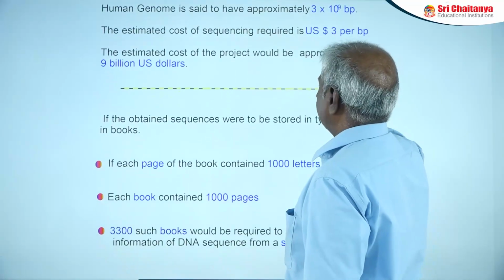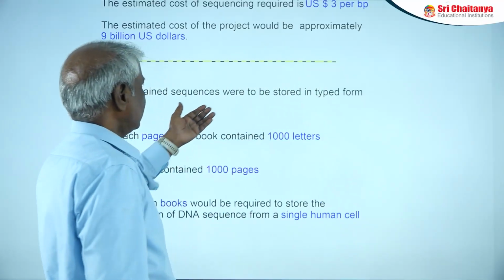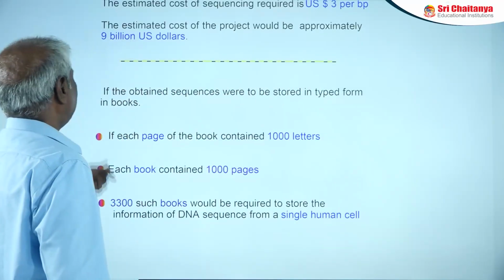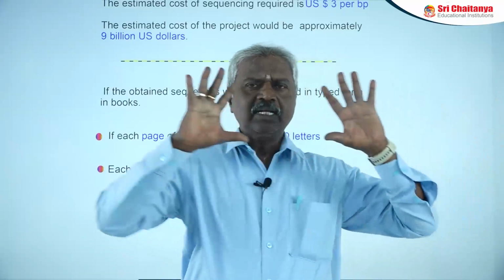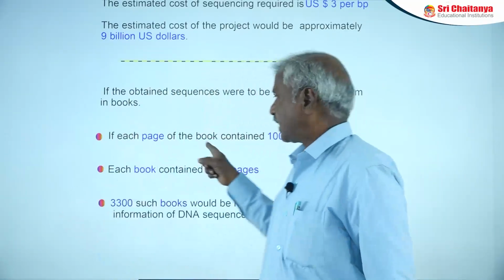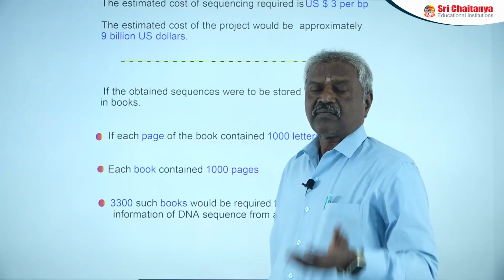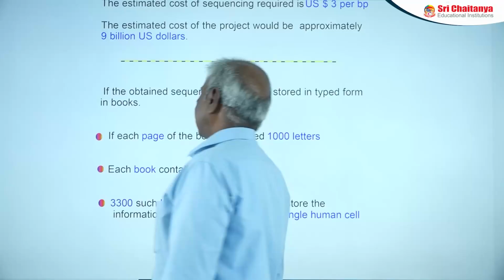Now coming to the next one, if the sequences obtained were to be stored in typed form in books, already we mentioned, but you take them outside and see them 1 or 2 times, all points will register in your mind. That's the idea here. So if you want to type it or print it in a book, what is required here?